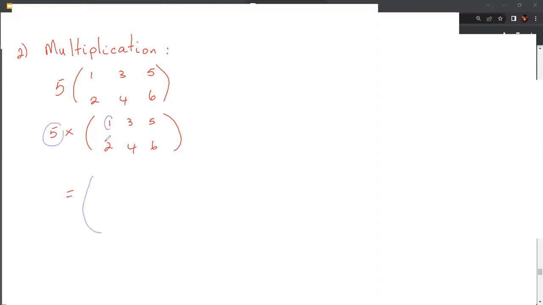So you're going to have 5 times 1, that's 5. 5 times 3, that's 15. 5 times 5, that's 25. 5 2s are 10. 5 4s are 20. And 5 6s are 30. So it could be fractions, it could be decimals, it could be whole numbers, it could be letters. Whatever is outside, we'll multiply by everything inside. Right, so we'll call this one scalar multiplication.